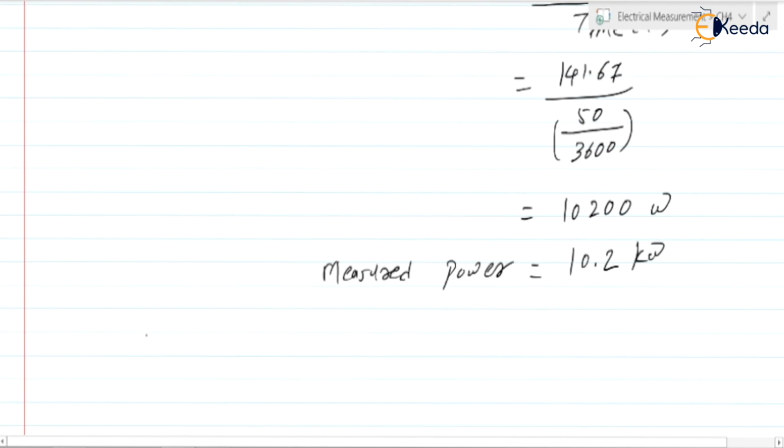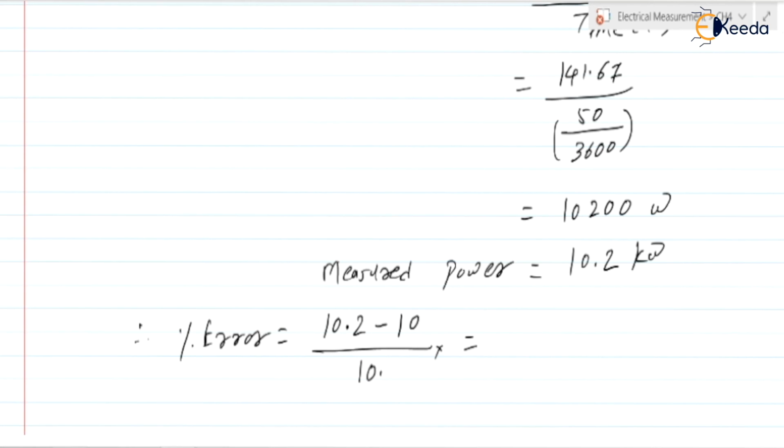So we can write error. Error is equal to measured power minus true power, divided by true power. Since they have asked for the percentage error, we need to multiply by 100.